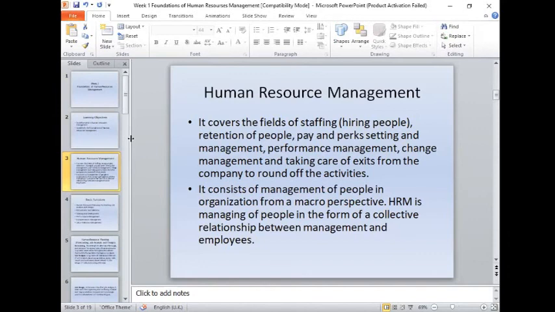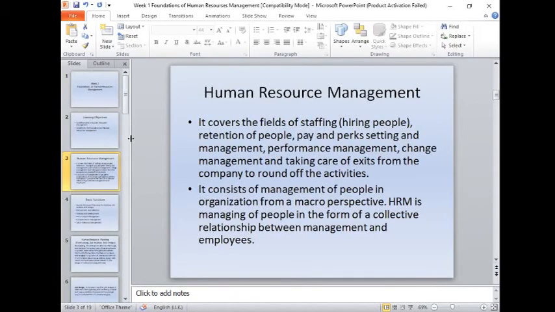And please take note that in human resource management we are not only handling people or their skills, we handle those things from a macro perspective. Macro talks about general or bigger companies, because handling manpower in a small business is an easy thing. But in a corporation or a big company, there are a lot of people in the organization.